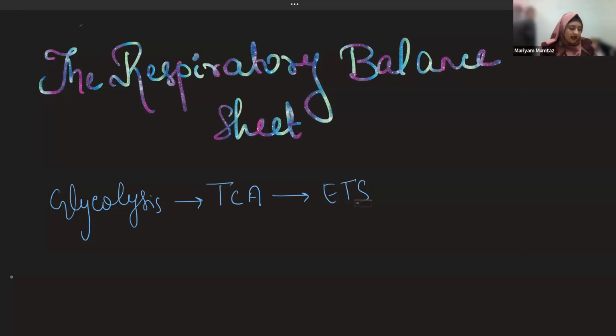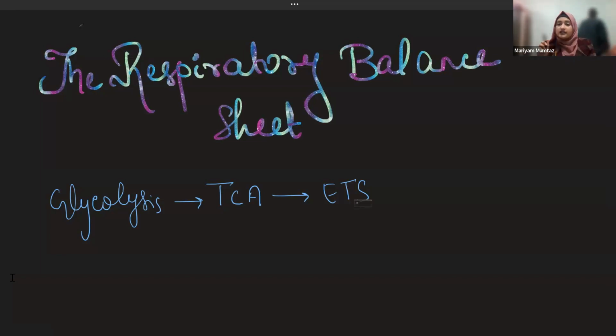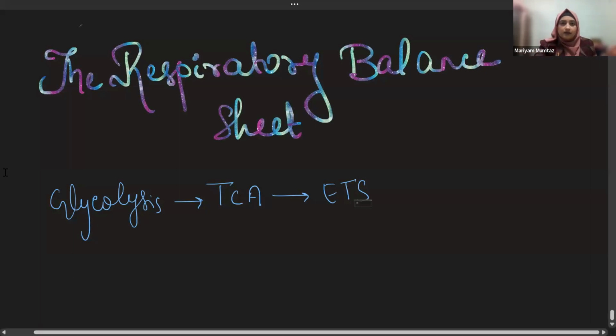Now see, these are the things that we are assuming in order to get the whole balance sheet. The first assumption is that all of these steps will be taking place in a serial manner. Getting my point?